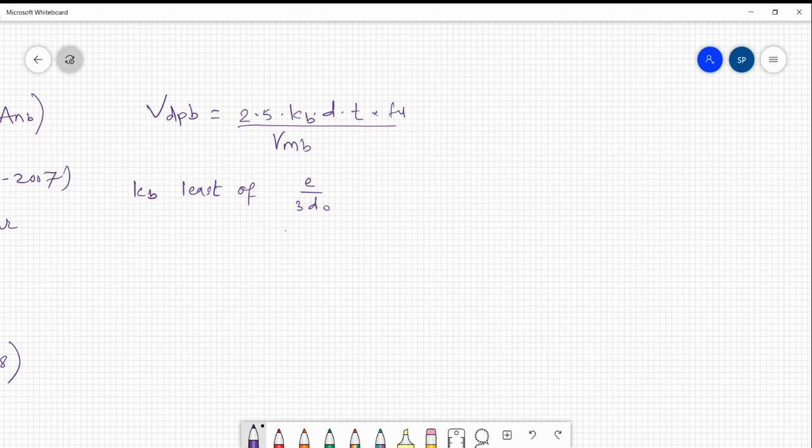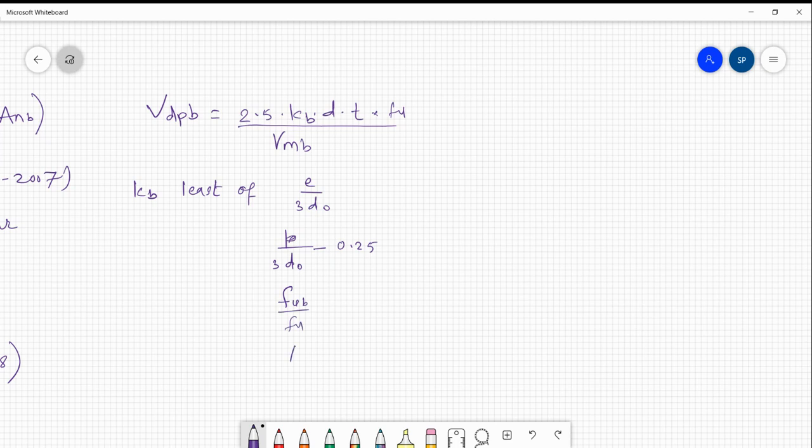Second, P divided by 3D0 minus 0.25. Or next to be compared is Fu upon FUB and 1.